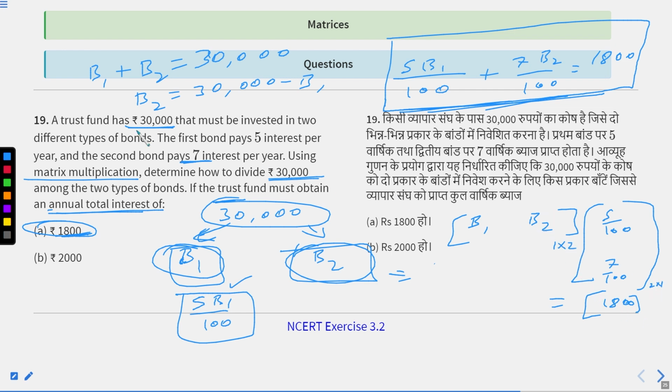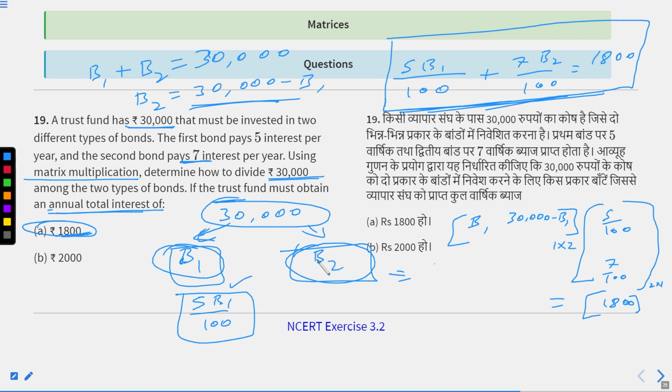As we know, B2 is 30,000 minus B1. Now just multiply your matrix, you will get your answer.